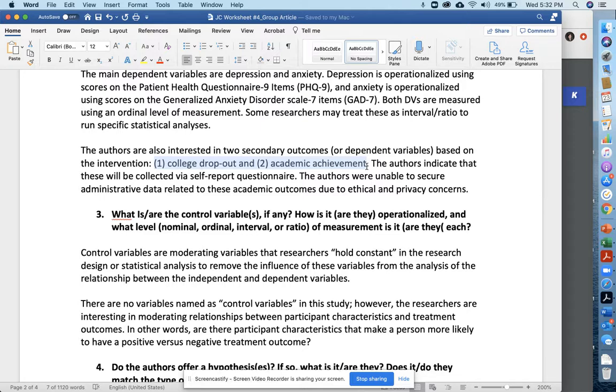So rather than to find the transcripts of these students. Number one, because that would be time consuming and probably expensive, but also there are ethical and privacy concerns.